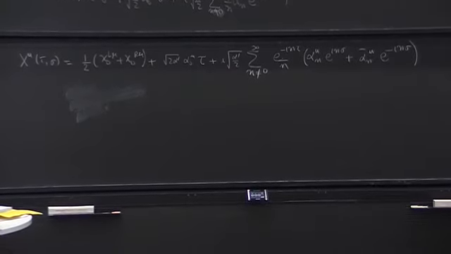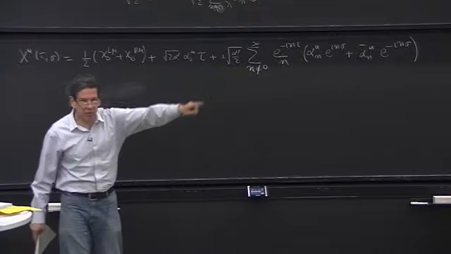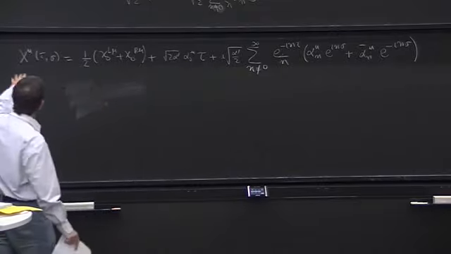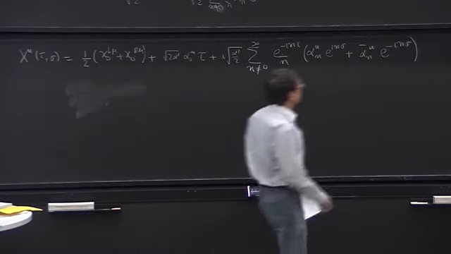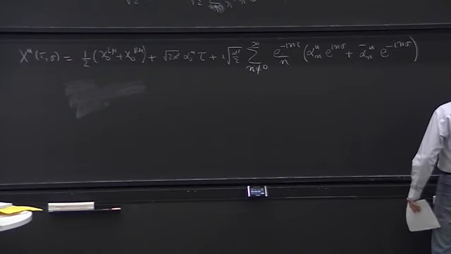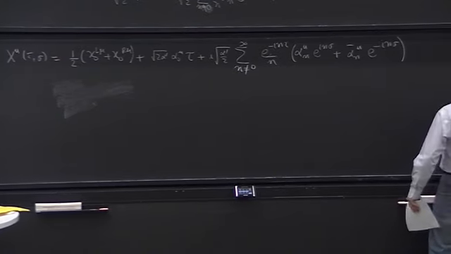We should identify alpha 0, which is equal to alpha 0 bar already, with the momentum of the string. And remember, the momentum density of the string is P^τ_μ = (1/2πα') ẋ_μ.